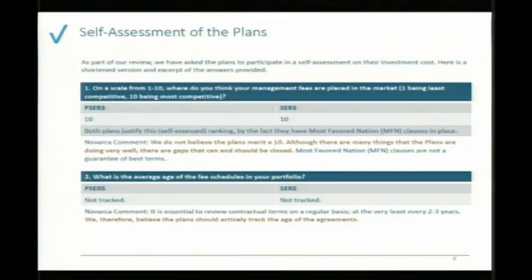So next point is, we have asked both plans about the average age of the fee schedules in the portfolios, and both plans have said they don't track that. So we would highly recommend to track that, because it is our strong belief that if a fee arrangement is older than 3 years, it needs to be revisited, which is also part of the reason why we would recommend those managers for renegotiation that we have said earlier, or we will point again to later, because some of those contracts are 8 or 9 years old, and the market has, of course, moved a lot since, and they should definitely be revisited.